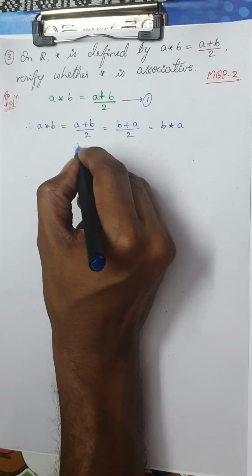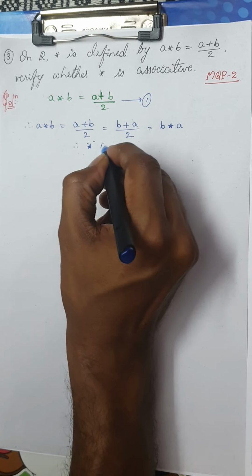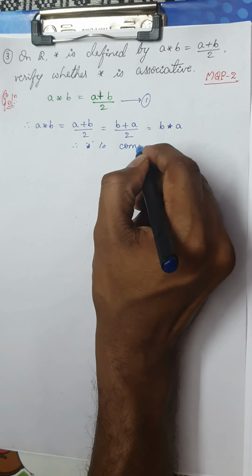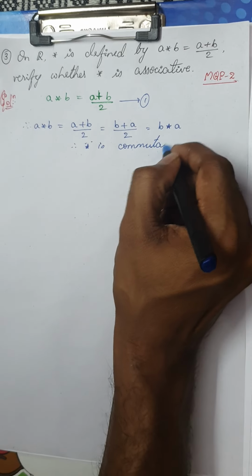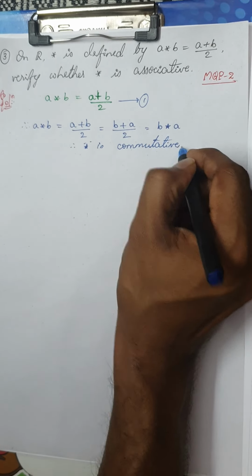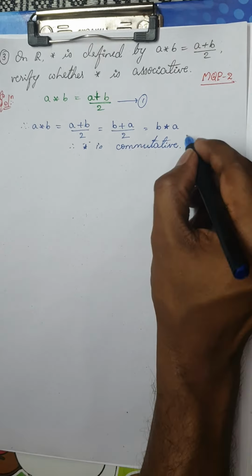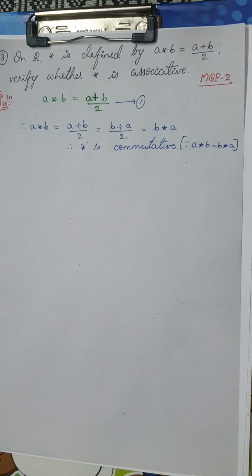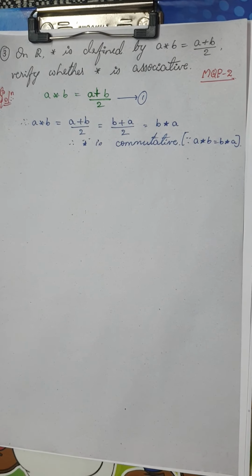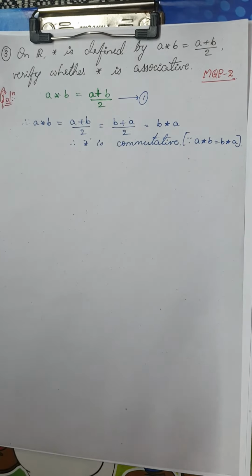So therefore, you can say star is commutative, because A star B is equal to B star A. That is the reason.